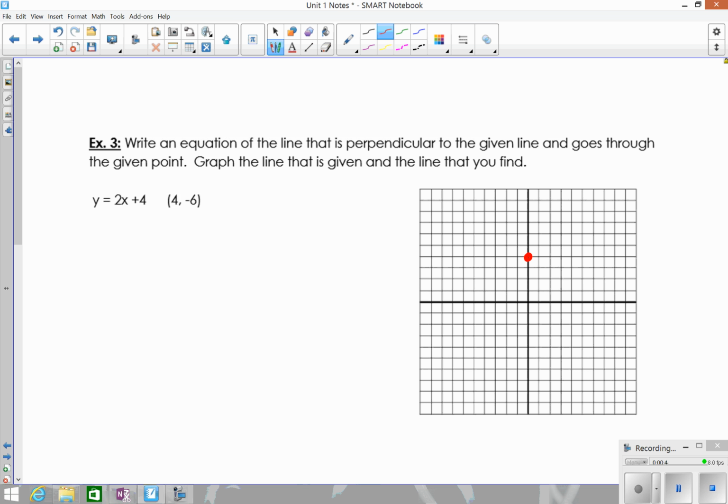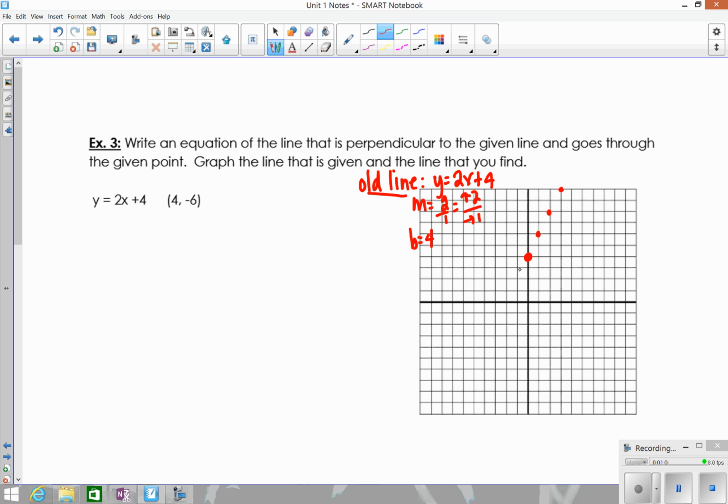So let me just write this old line. Y equals 2x plus 4. Your slope is 2, so that really means it's 2 over 1. So that means up 2, right 1, since it's positive. Y-intercept is 4, so that's where you're going to start. So we're going to go up 2, right 1, up 2, right 1.